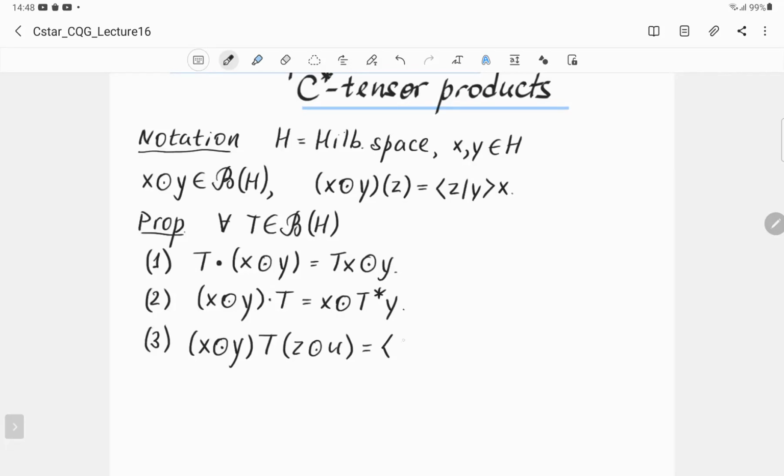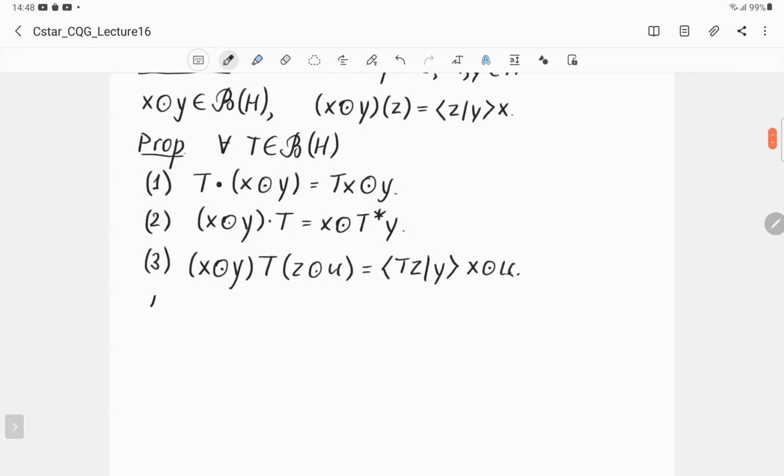The inner product of T Z and Y multiplied by the rank 1 operator X circle W. And also part 4, the norm of such a rank 1 operator, X circle Y, is just the product of the norms, the norm of X multiplied by the norm of Y. The proof is a simple exercise for you. This is very elementary.